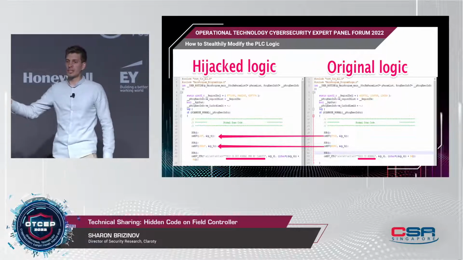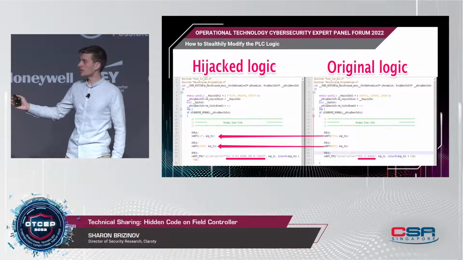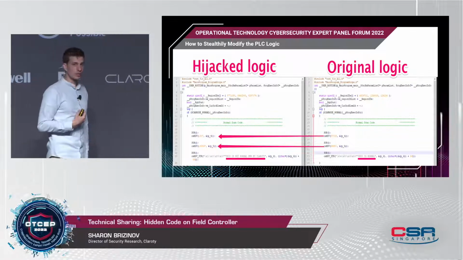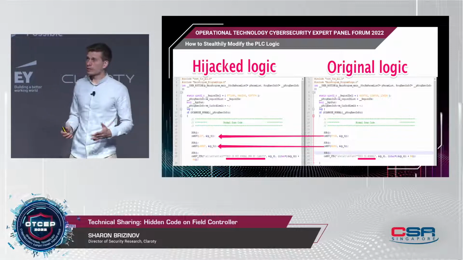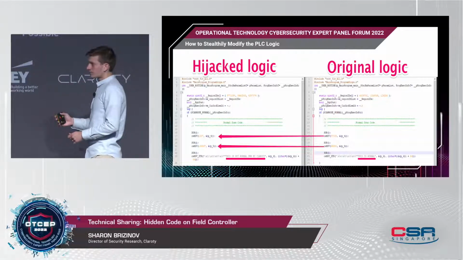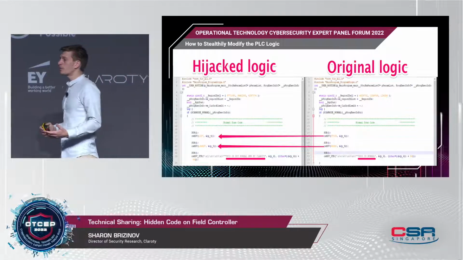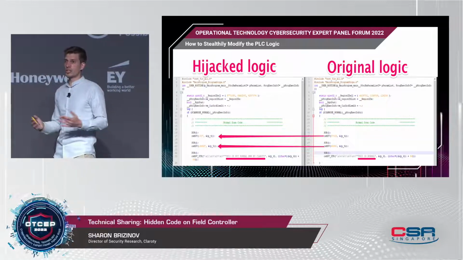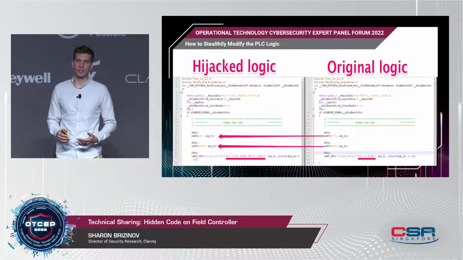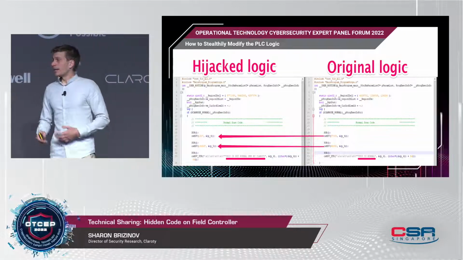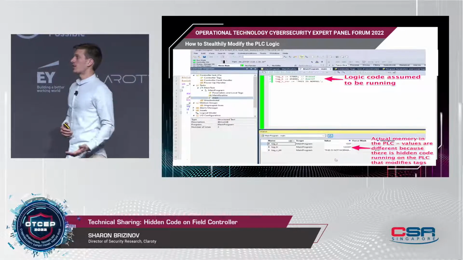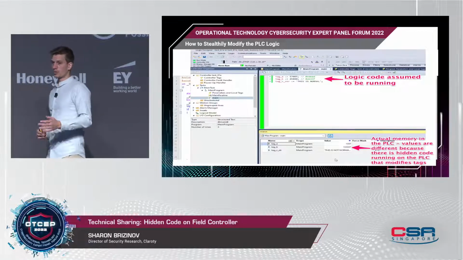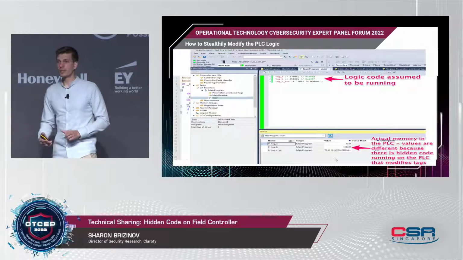For example, you can see here we replaced some numbers and strings with our predefined code. And it was very simple to do because these compilers are written in modern languages. So we just rewrote some of the compiler logic, and we achieved a hijacked compiler. And the result is the same, just like I've shown previously. You can see tags here. Again, I think it's too small, but you can see tags with values.